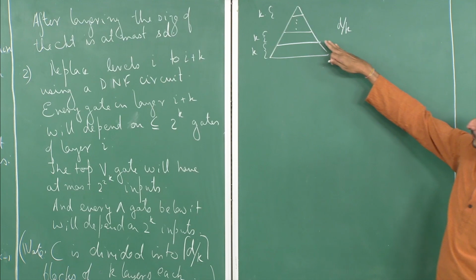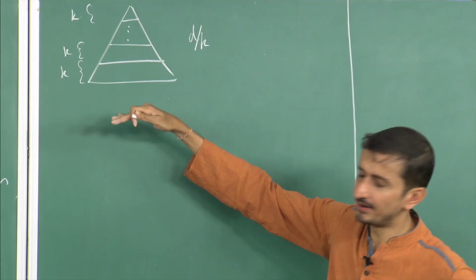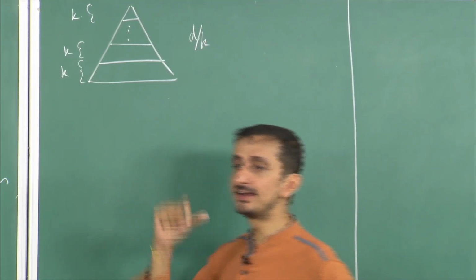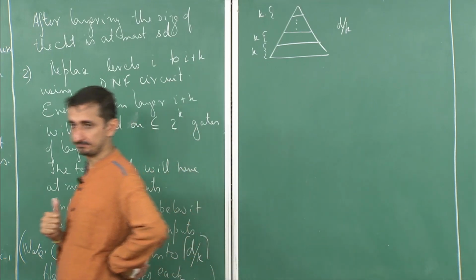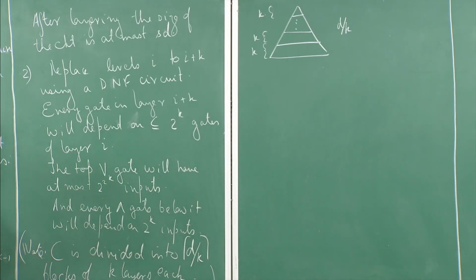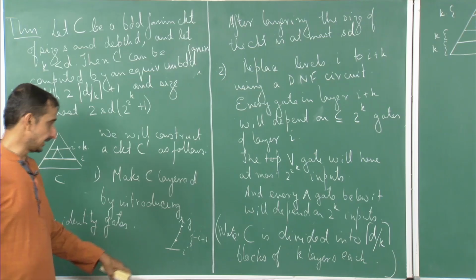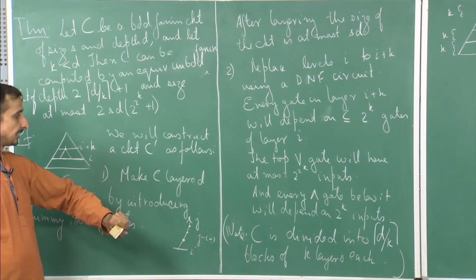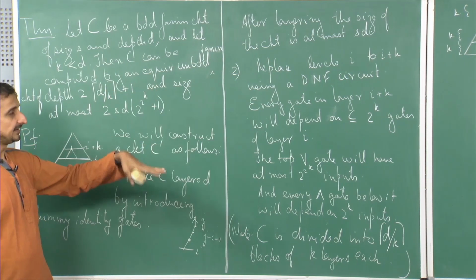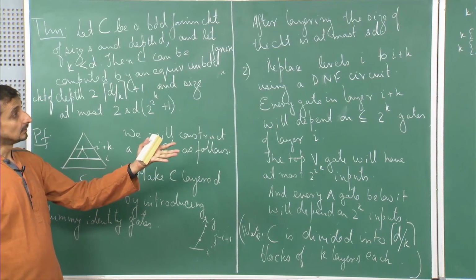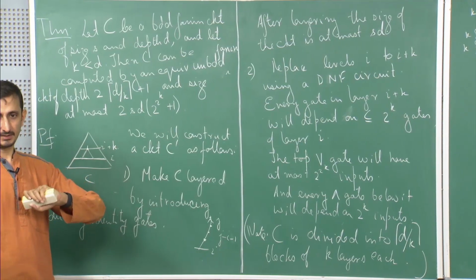Each block of K layers I am replacing with a 3 layered circuit. We will count how many nodes are increasing. Right now, what we have done has reduced C prime from depth D to 3D by K, correct.